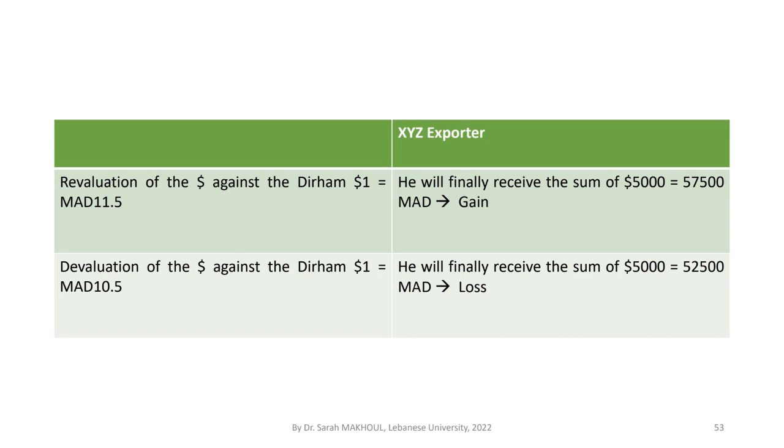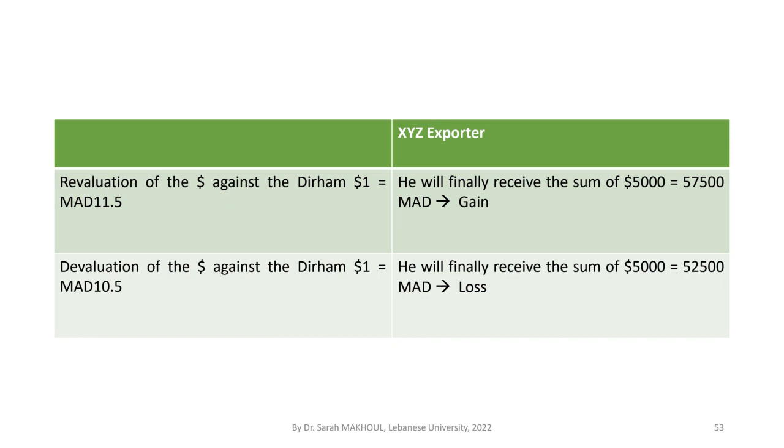The Moroccan company is in the position of exporter of the sunflower oil. If she receives the sum of 57,500 Maghrebian dirham, it's a gain, because in that situation we can see a revaluation of the dollar against the dirham.